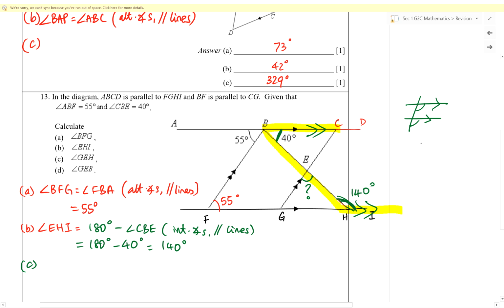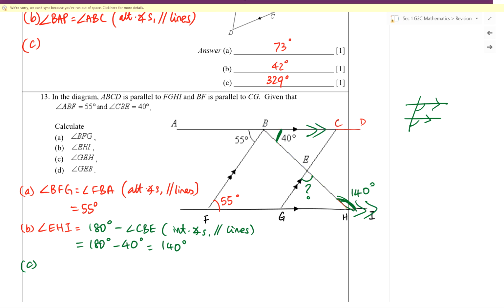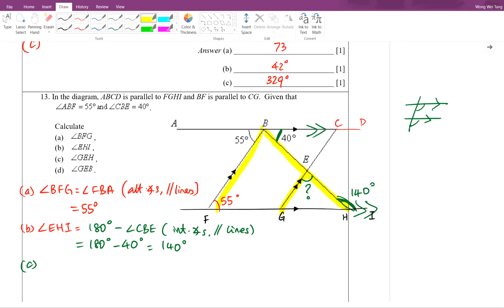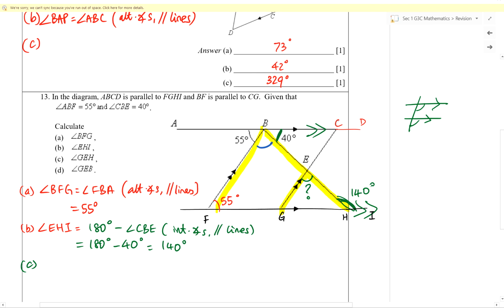Can you see this shape with this as the angle? Let me highlight it for you. Is this what you mean? Right, so this angle has to be the same as this angle. And we already learned how to find this angle, adjacent angles on a straight line.